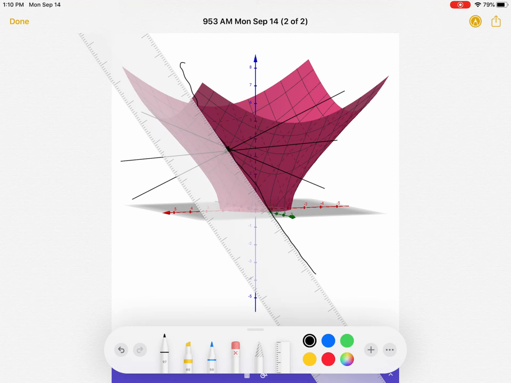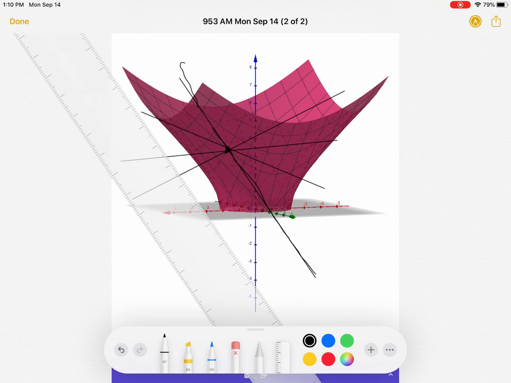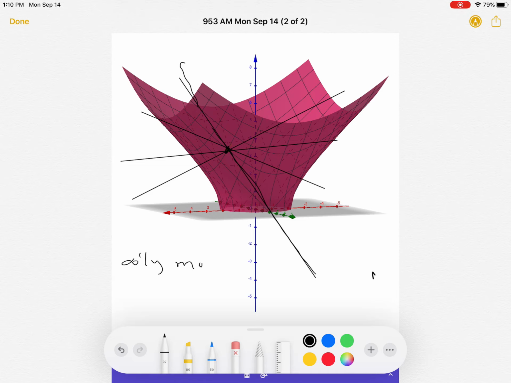And another. Right? So the point I'm trying to make here is that there are infinitely many tangent lines to a point on a surface.